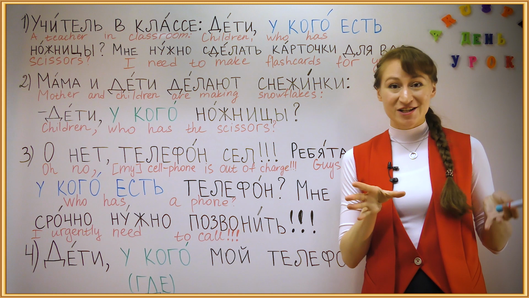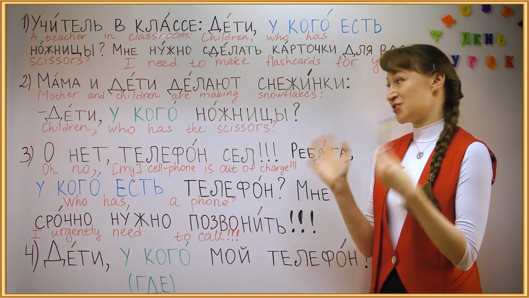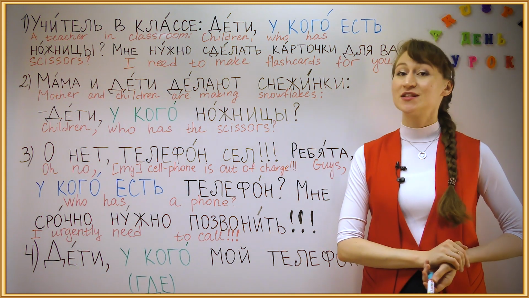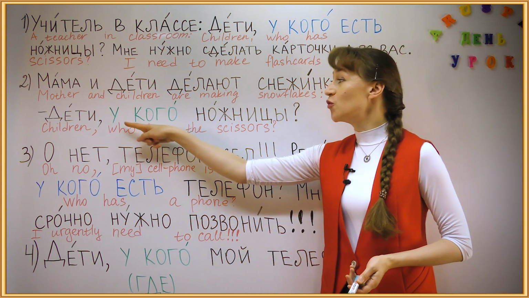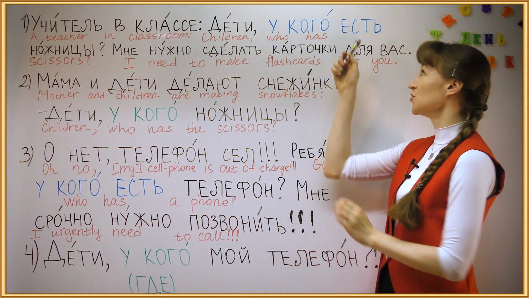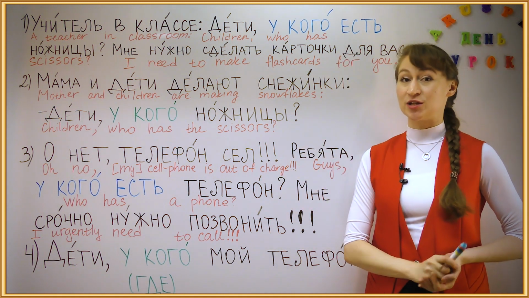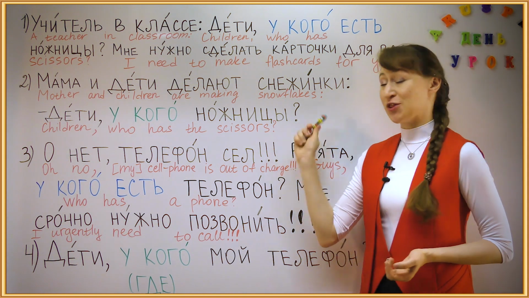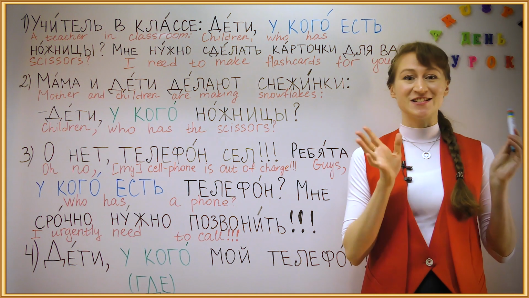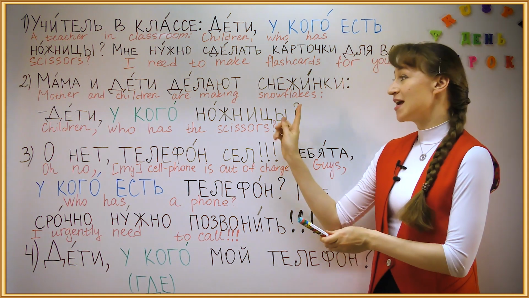So, she lost the scissors. She doesn't know who has them. That is why she asks, у кого ножницы? She doesn't use есть in this situation because she knows the scissors exist. She just doesn't know who has them.